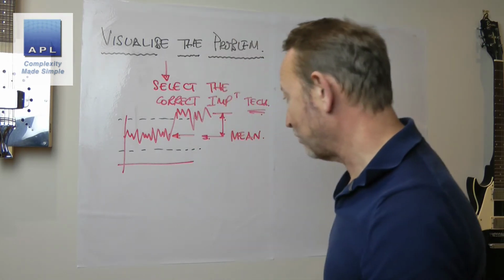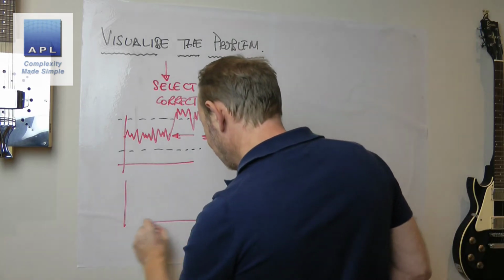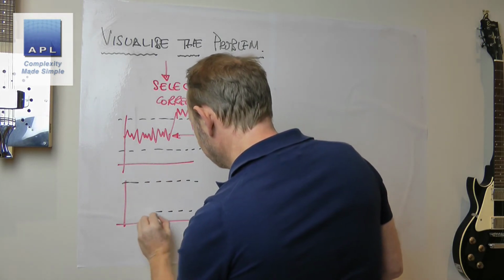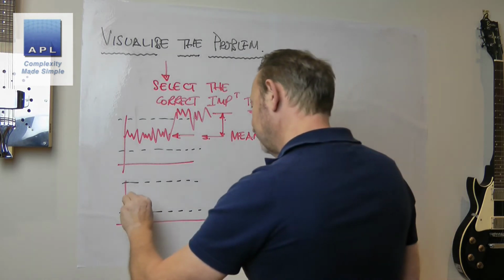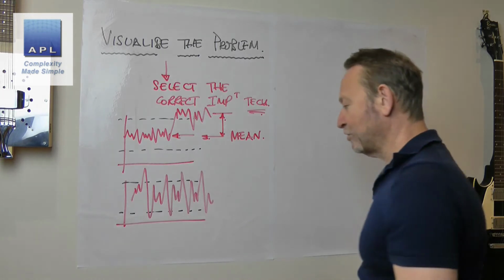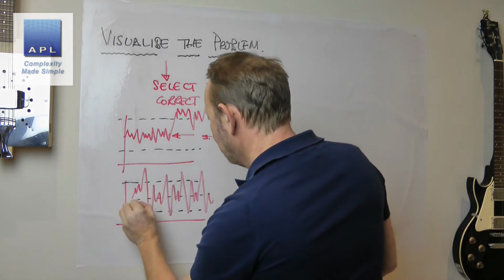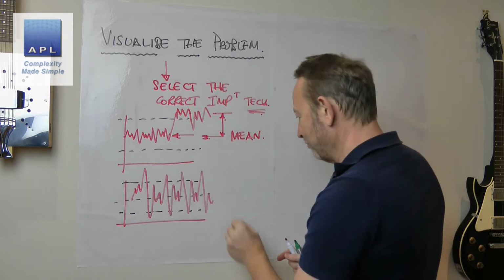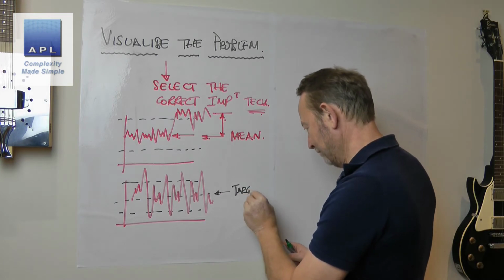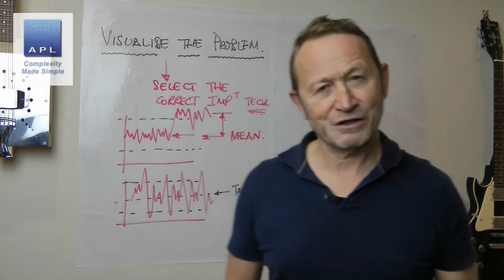But there is another type of problem, and it's the problem that's more common, and it's this. You've got your tolerances. Your process is doing that. Now this process doesn't have a problem with the mean. The mean, the middle, is sitting dead on target.